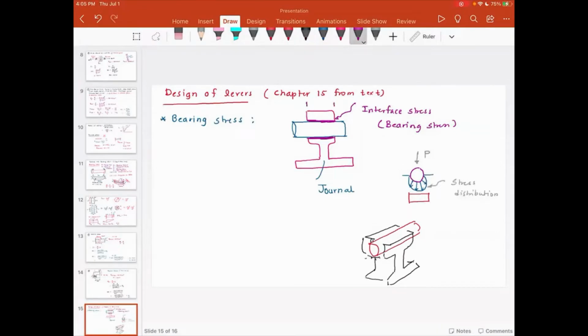This length is L, and this is diameter D. So the bearing stress is equal to P divided by the projected area, which is P divided by D multiplied by L. And D times L is the projected area.